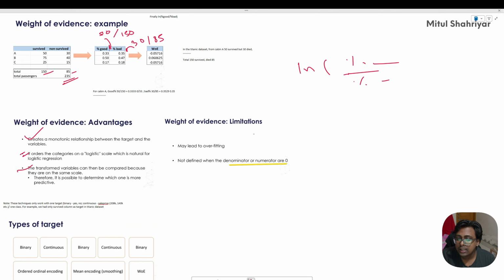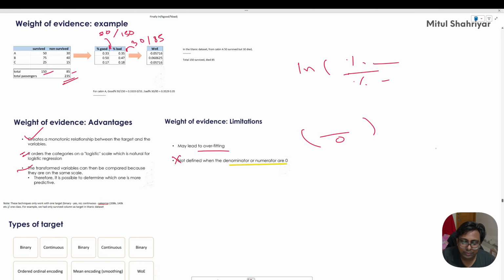The problem is overfitting, again, just like before, and it is not defined when the denominator or numerator is 0, something divided by 0. But we're not bothered about this one, just forget that and focus on the other things.